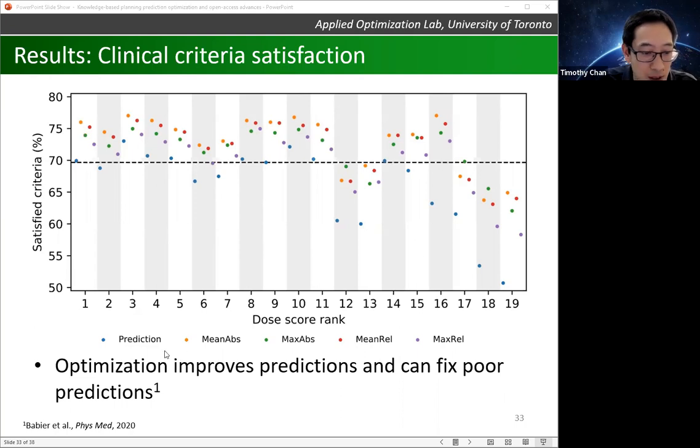One of the takeaways is that optimization can improve predictions, and even in some cases, when we look at the 16th worst prediction model in terms of the dose score, the prediction was pretty low, but we could still generate pretty good plans after we've run it through optimization.